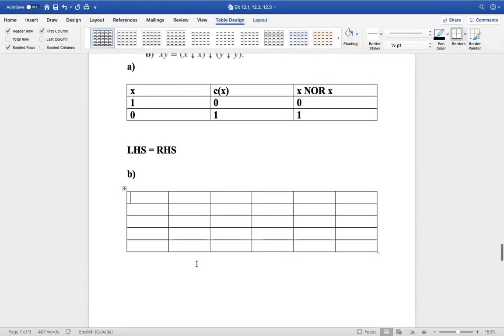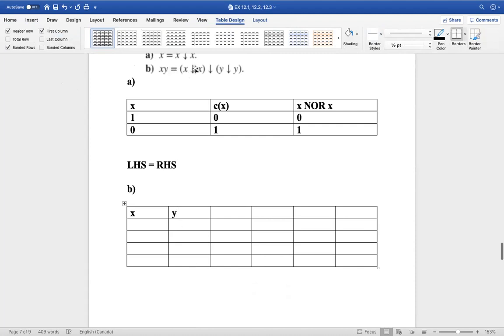Now we have x dot y equals (x NOR x) NOR (y NOR y).